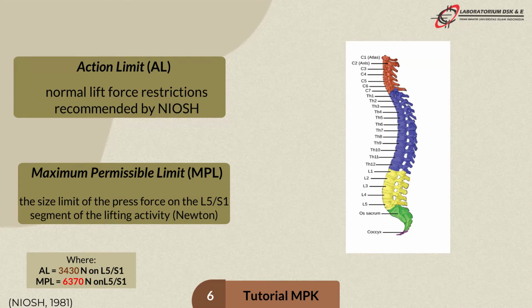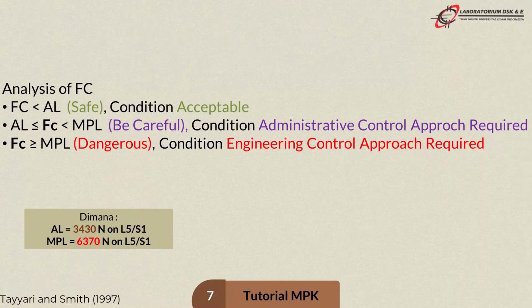The classification of EL and MPL range is as follows. If FC less than EL, the condition is safe. If FC in between EL and MPL, the condition is be careful. If FC more than MPL, the condition is dangerous. And the analysis are if FC less than EL, the condition is acceptable.